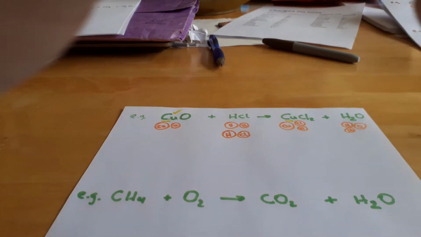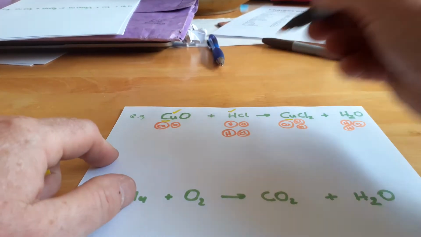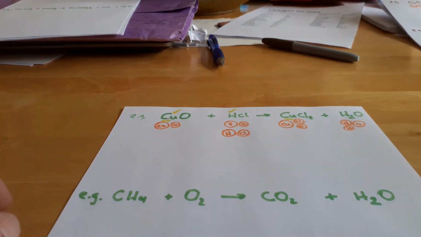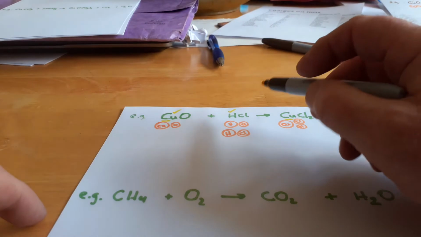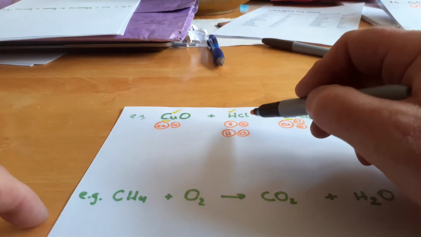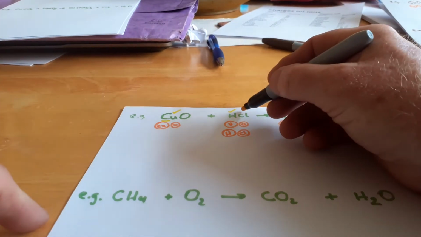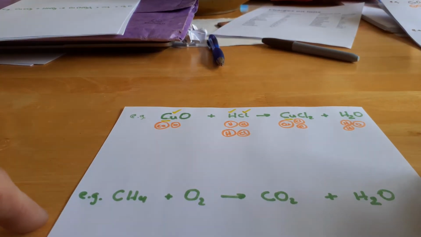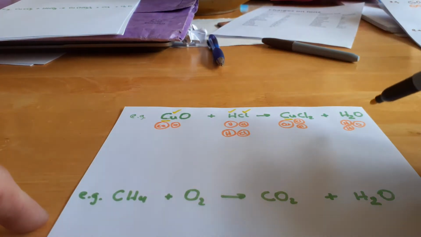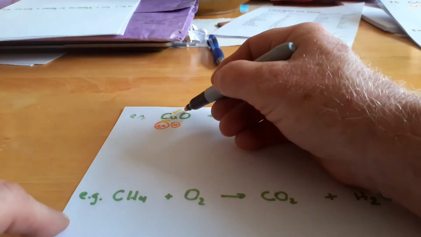We've now got two hydrogens on each side, so we're happy. Chlorines, we've got 1, 2, and we've got 1, 2 there, so they're happy. Now let's go back to the oxygens, one oxygen, so they're happy.